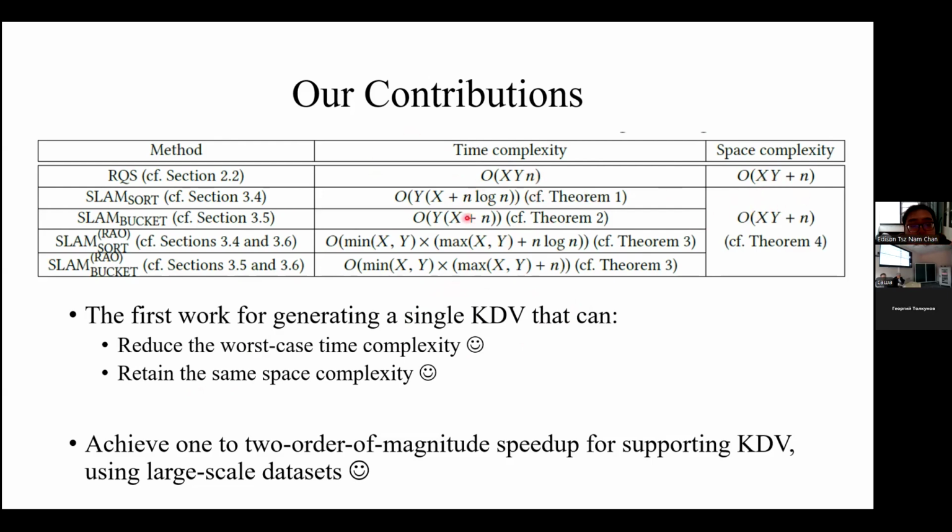This solution generates the exact KDV. That means no approximation, no loss. The visualization is exactly the same as the original one. And in practice, this approach can achieve 1 to 2 orders of magnitude speedups for generating KDV using large-scale datasets.